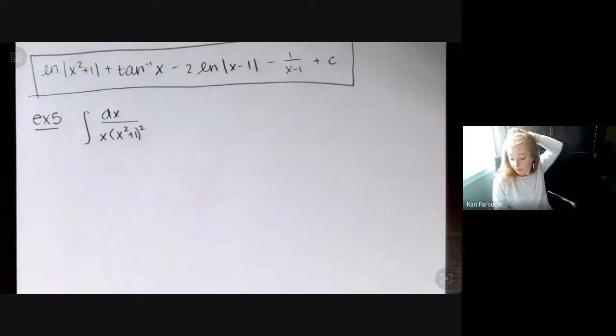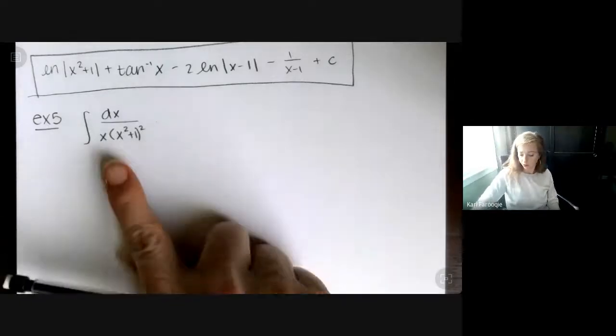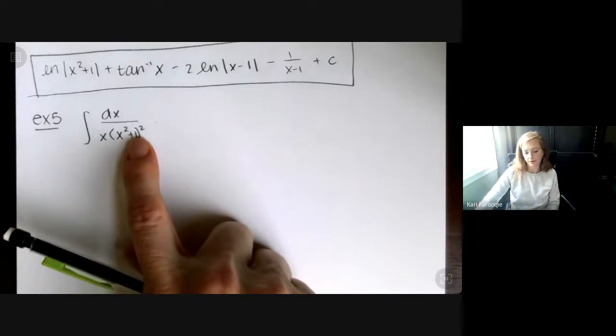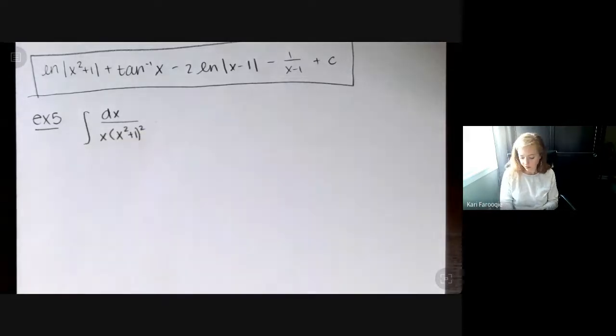Okay, so again, you're looking at this. There should not be this major debate about what method should I use here? Officially, you could do a trig substitution because you do have a u squared plus a squared in here, but I think that's the harder way to go about this personally. But you know, you do you.